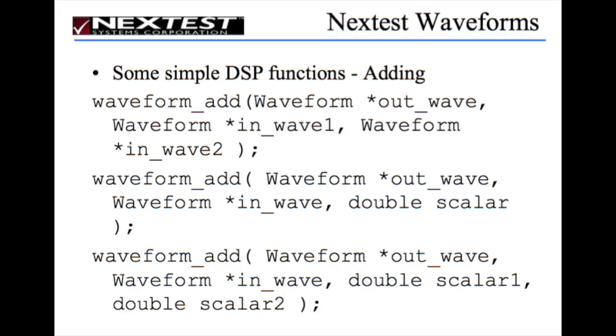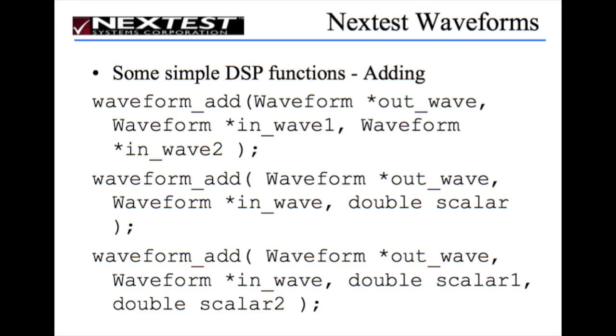Okay, here are some waveform functions, really simple ones, simple DSP functions. So waveform add, waveform outwave, waveform inwave, waveform inwave 2. So that adds inwave 1 to inwave 2. Pretty cool, right?